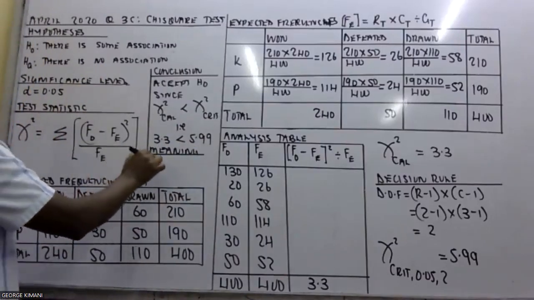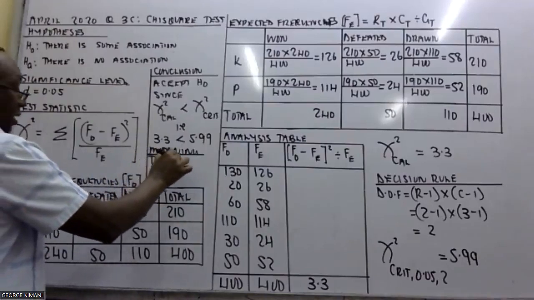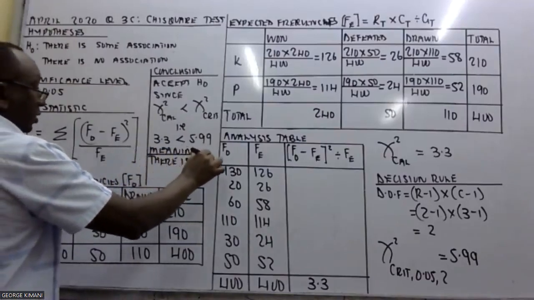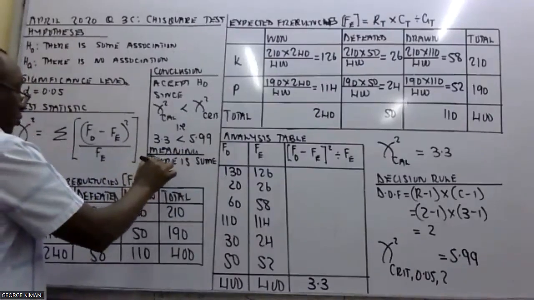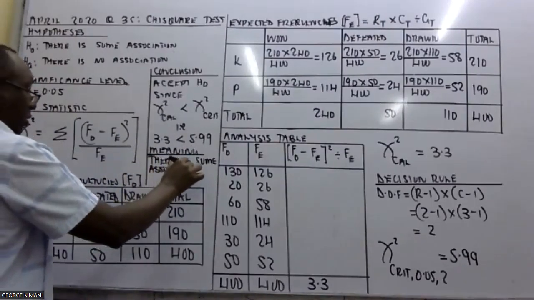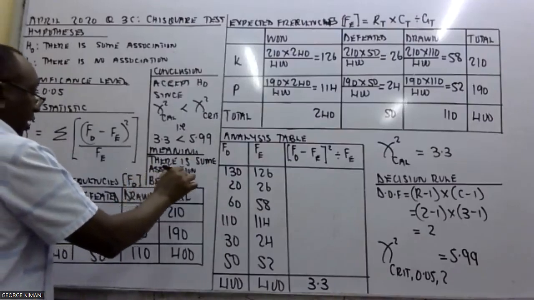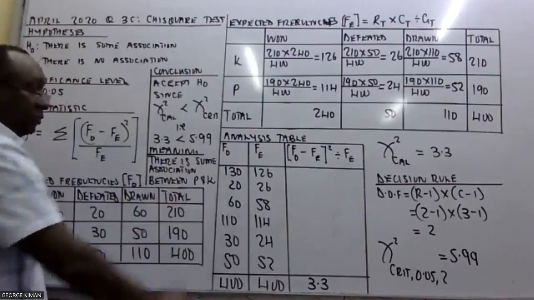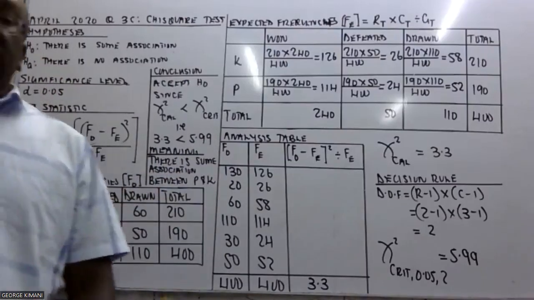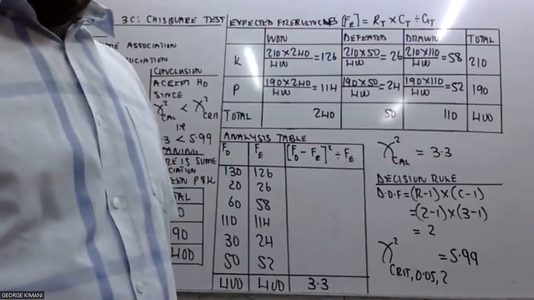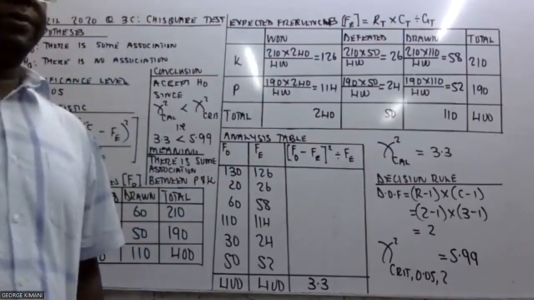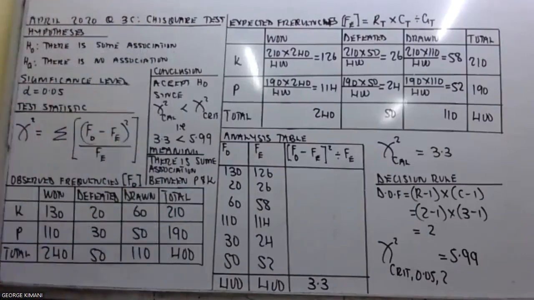So you say there is some association between strategies P and K. Good. So that is all about chi-square.